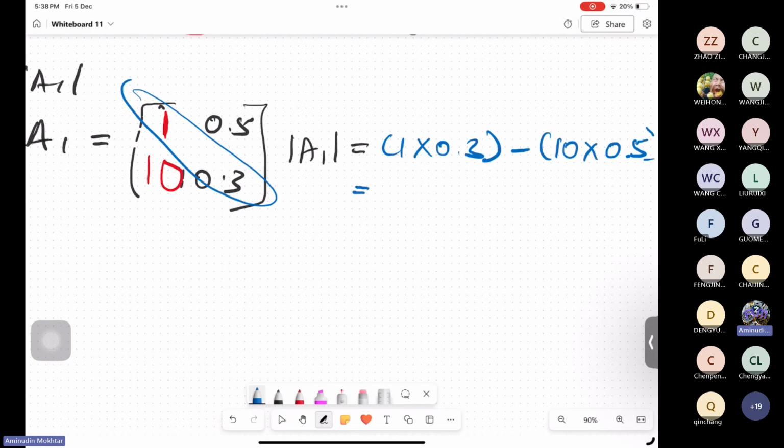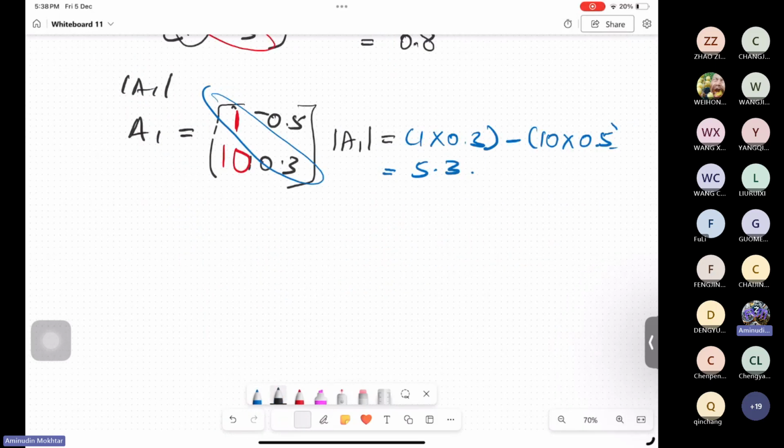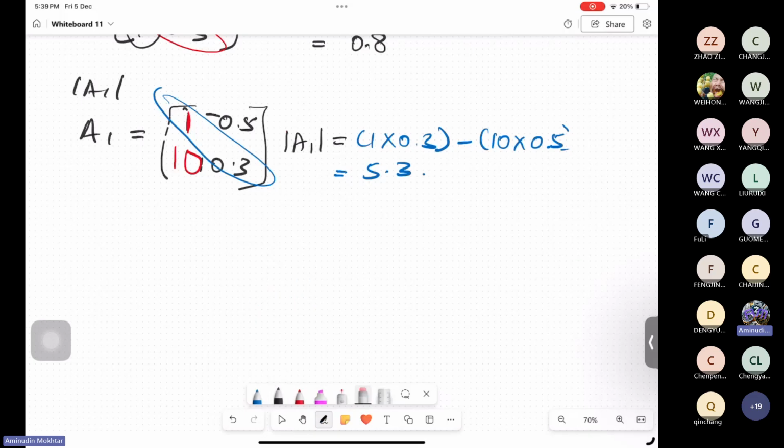So it's 0.3 minus 10 times negative 0.5, that is 0.3 plus 5, which is 5.3.